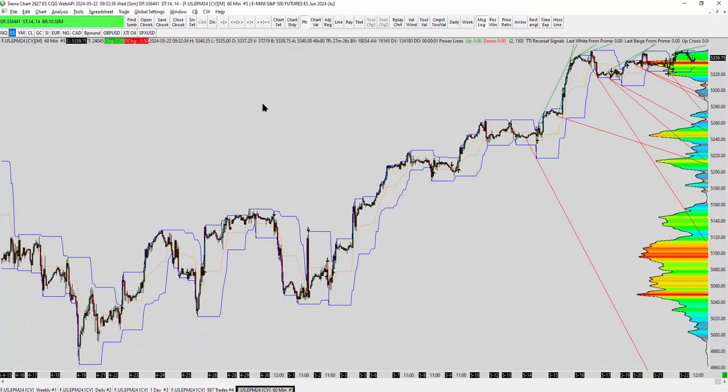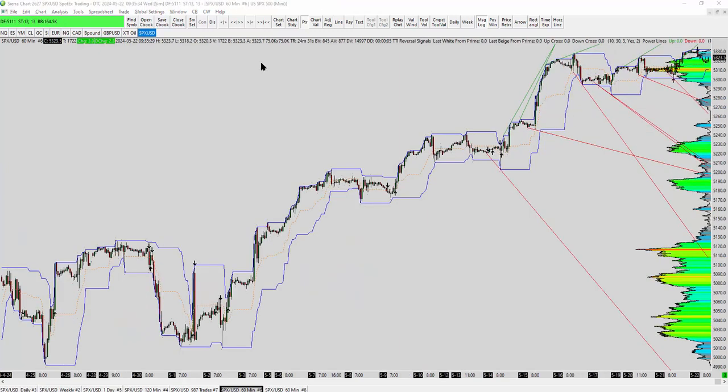And let's look at the SPX USD, which is in the spot market. It's a CFD. This is your SPX USD in the spot market. Look at it. Very, very similar to what we had in the futures market.